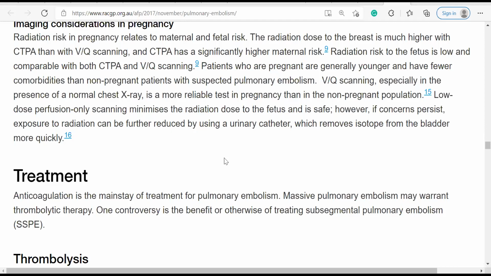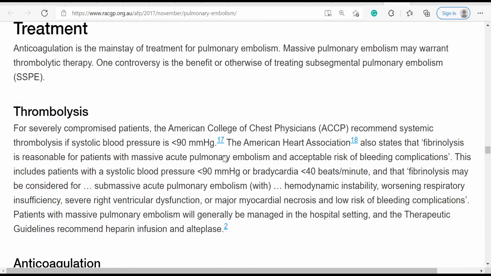You don't need to do a VQ scan because of the increased risk of radiation-induced breast cancer in a reproductive age group. We don't need to do that. So normally we can do CTPA in every patient, whatever it is, unless it's a pregnant patient. And if it's a very young patient, like a 20-year-old female patient with a PE, you would rather do a VQ scan than a CTPA.